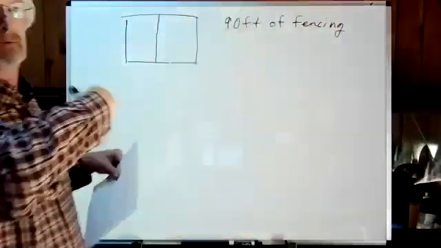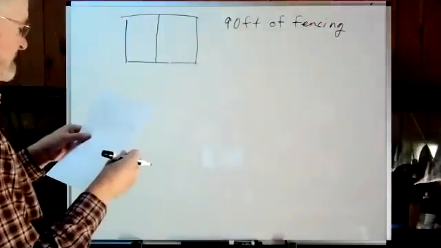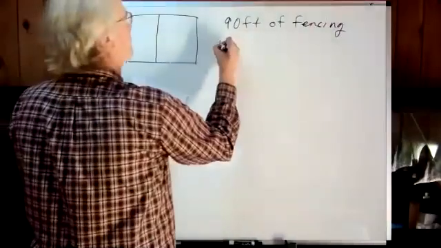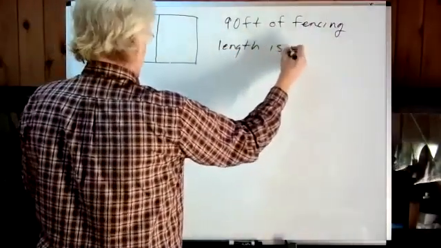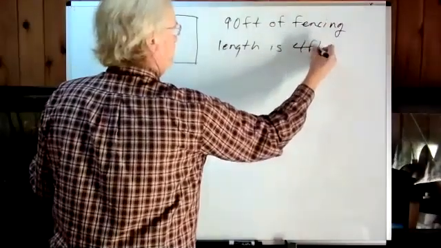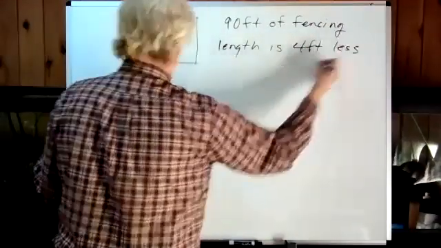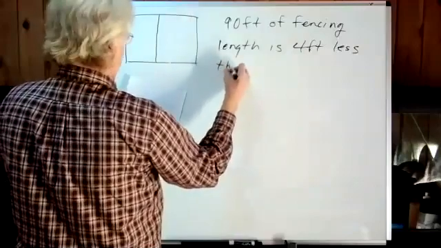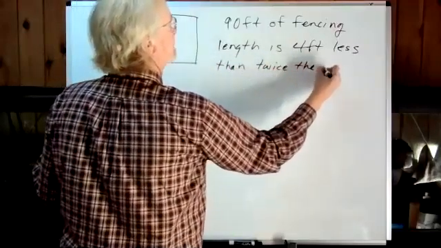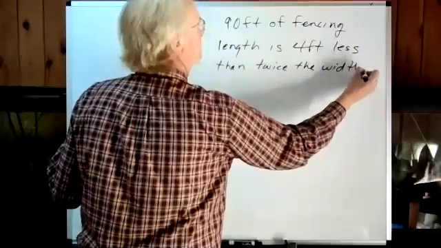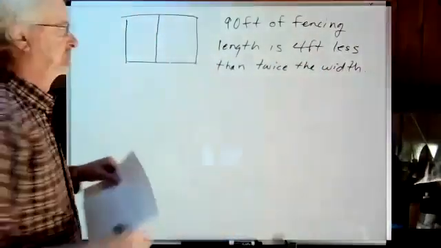It'll be written out in full sentences. Length is 4 feet less than twice the width. Find the length and width.